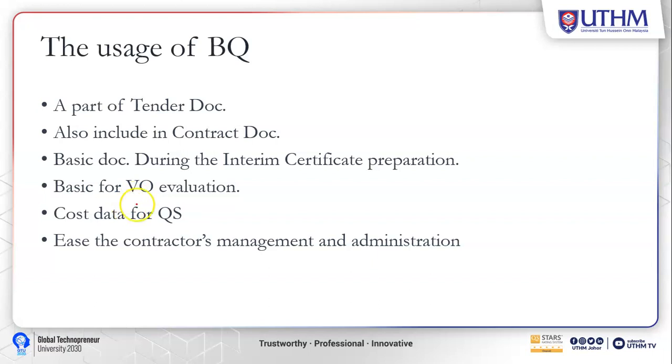After we do the VO, the client also needs to do the evaluation and pay the progress payment to the contractor. BQ also acts as the cost data for the quantity surveyor, and the contractors use BQ for their management and administration.